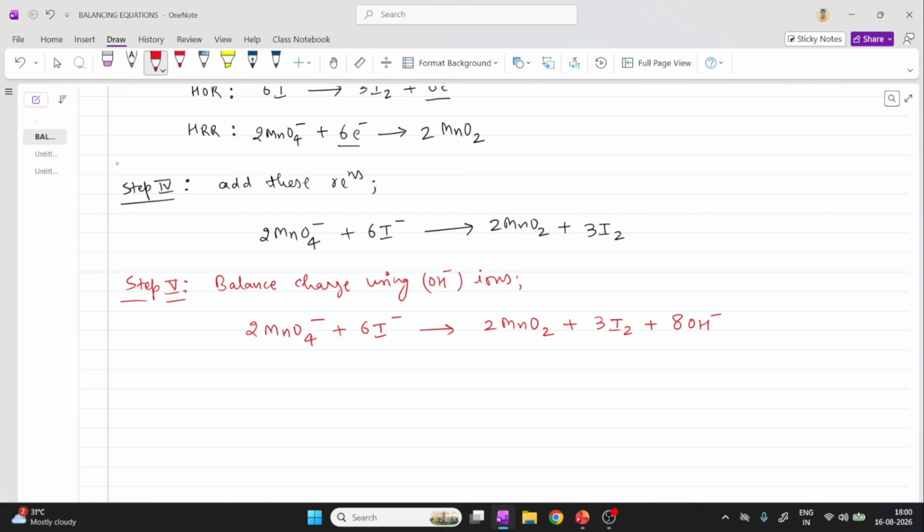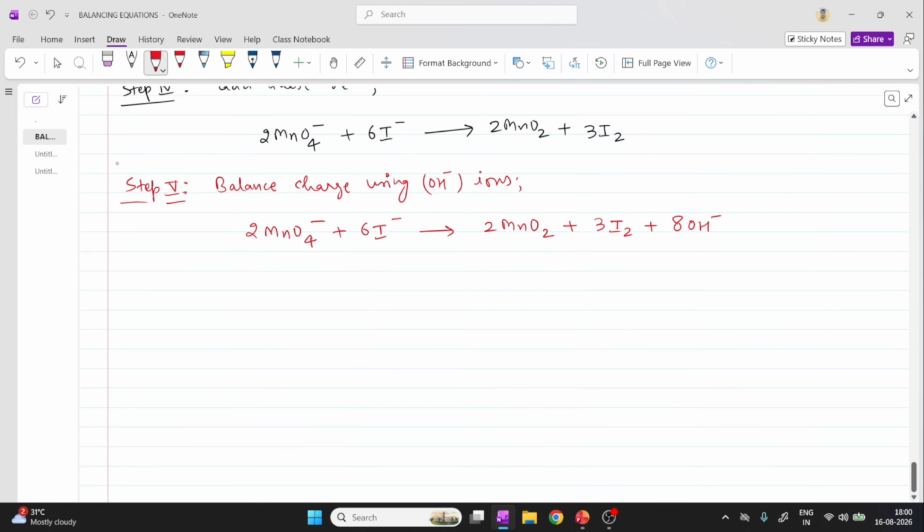So we are left with only the last step, which is balancing hydrogen and oxygen. So the last step I can write is step 6, which is balance hydrogen and oxygen.